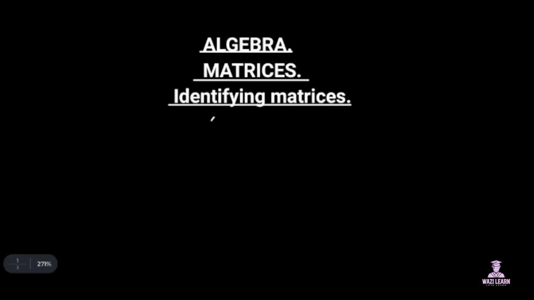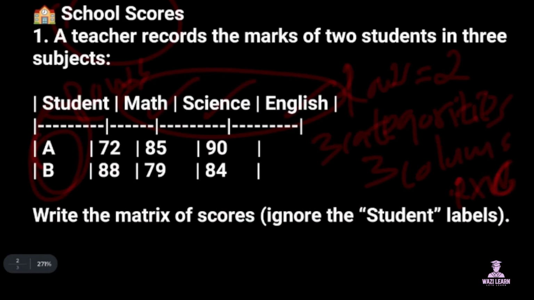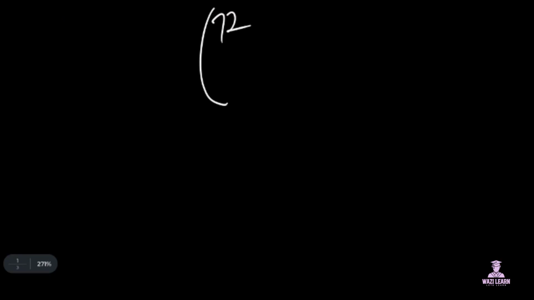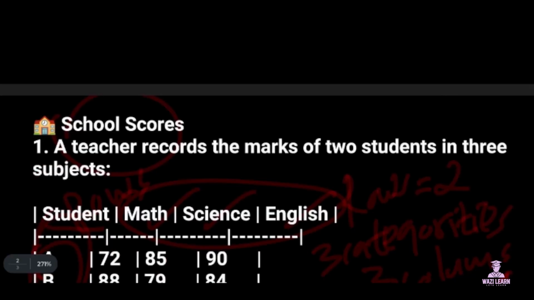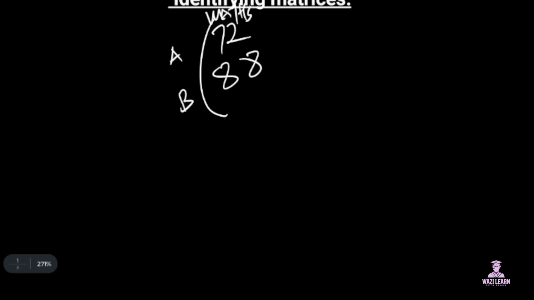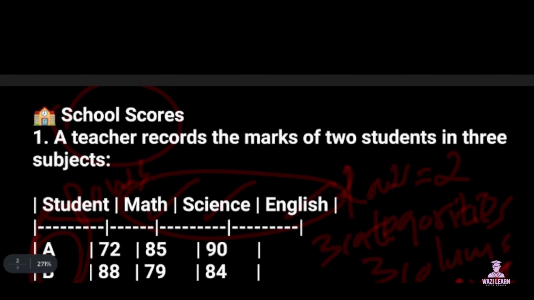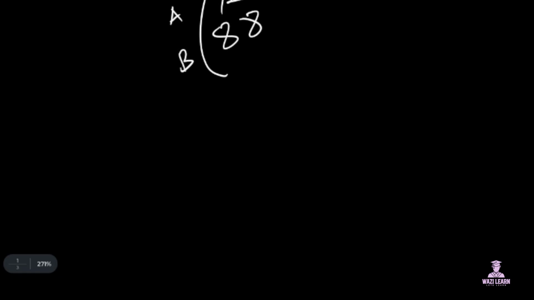Converting our table into a matrix, we start with maths: 72, 88, for student A, student B. Then science: 85, 79.